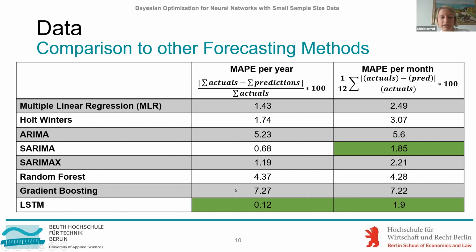But the tuned LSTM is really outperforming them. For the MAPE per month, it is performing quite well again, but I need to be honest with you, the SARIMA is performing a bit better. So the SARIMA is at 1.85%, and the LSTM at 1.9, but pretty similar.